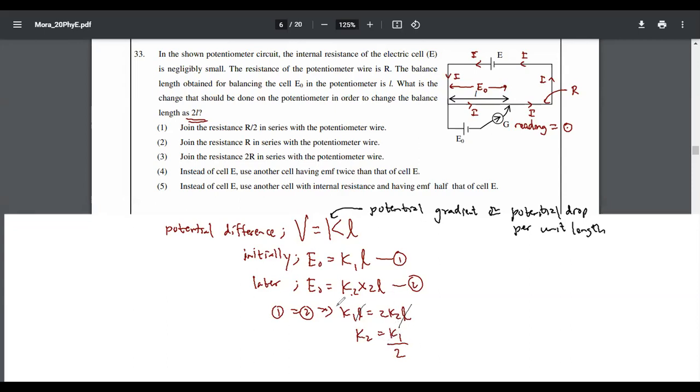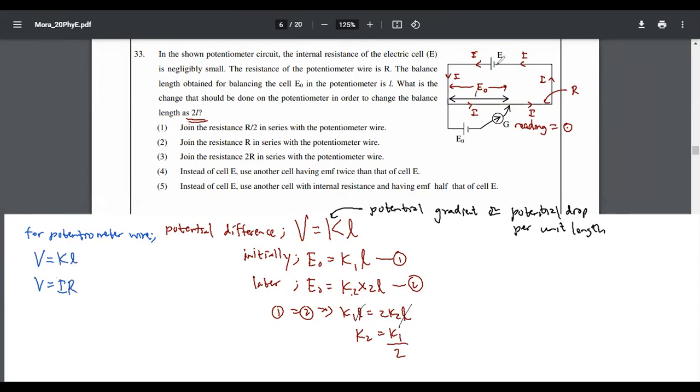Now let me write another equation for the potentiometer wire. For the potentiometer wire, you can write V equals KL and also V equals IR. Two equations.